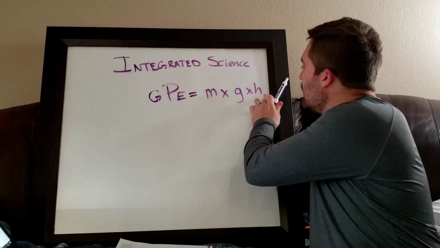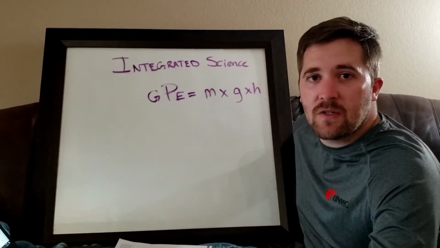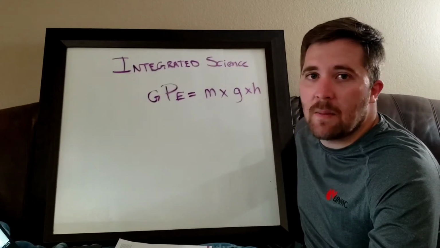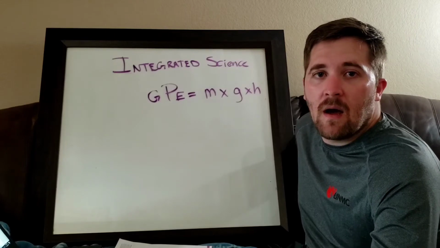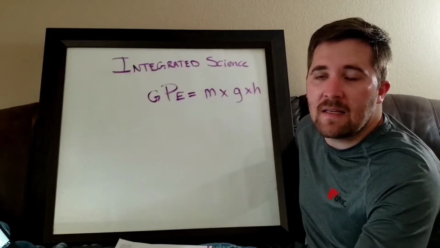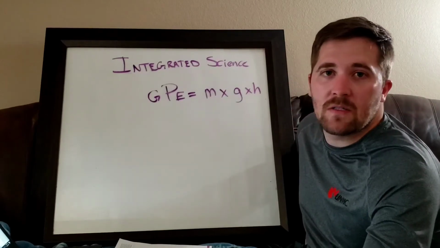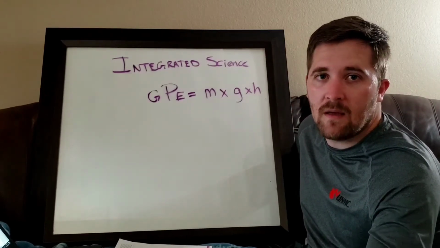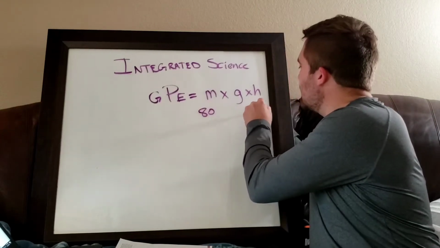So your problem might ask you, what is the gravitational potential energy of that man standing on top of a high dive when the guy weighs 80 kilograms and he is 10 meters off the ground? So he's 80 kilograms, he's 10 meters off the ground.